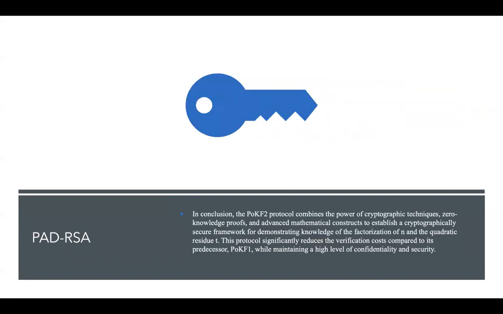In conclusion, the second protocol of PADDSA combines the power of cryptographic techniques, zero knowledge proofs, and advanced mathematical constructs to establish a cryptographically secure framework for demonstrating knowledge of the factorization of N and the quadratic residue t.